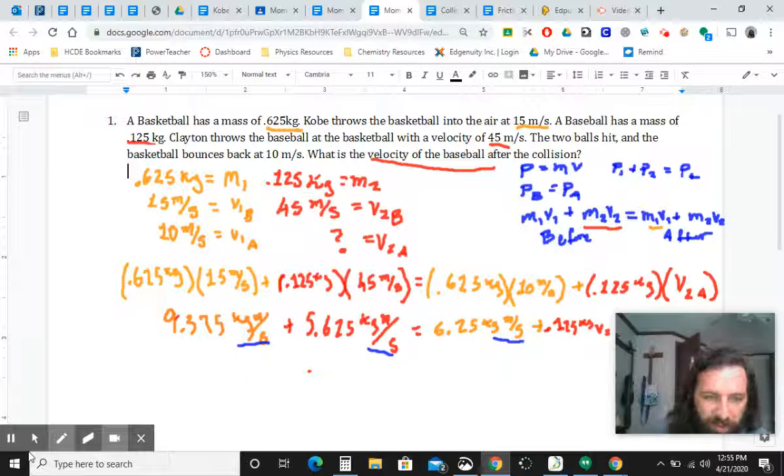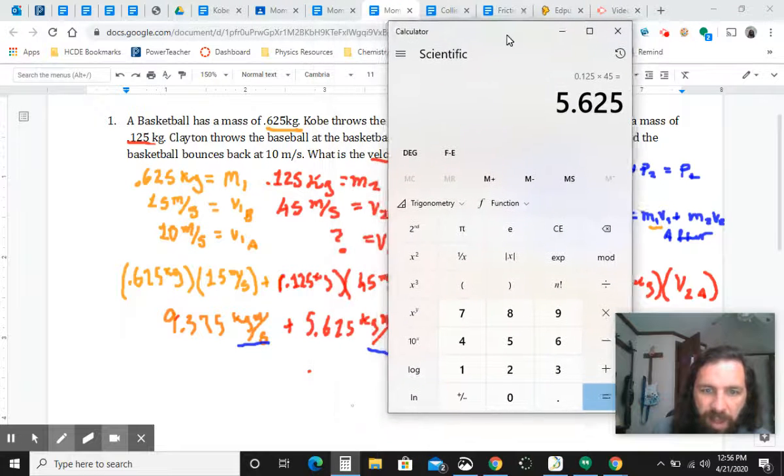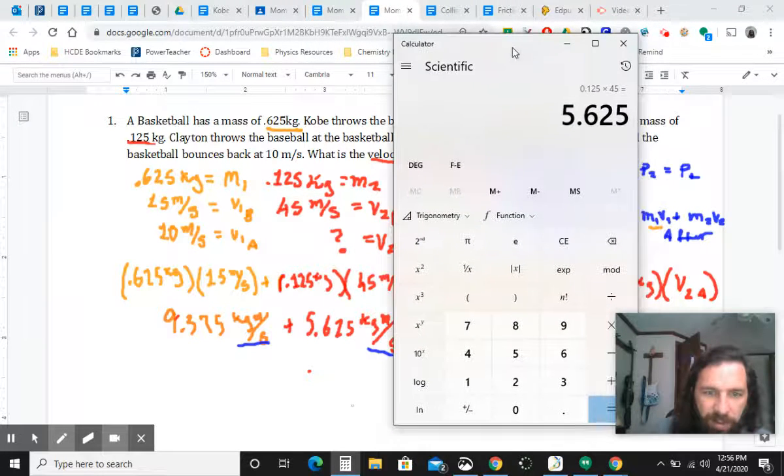So again, I'm just going to punch this in my calculator, just combine like terms, as we say. We got 9.375 plus 5.625 equals 15.025.